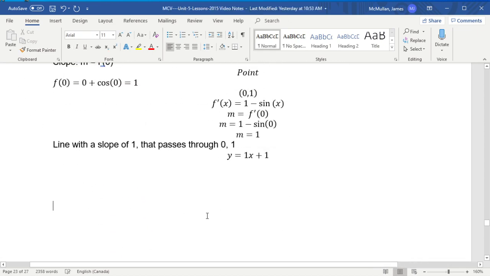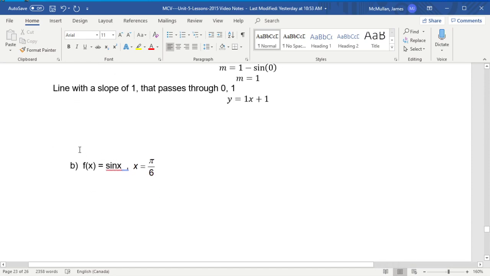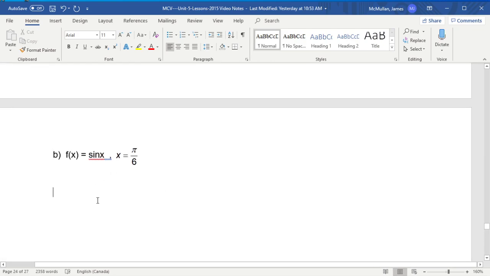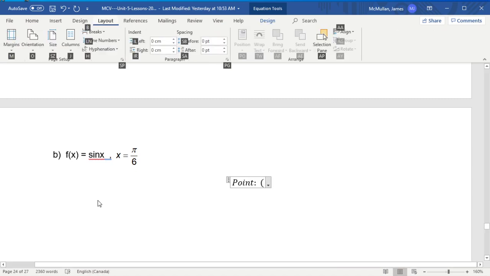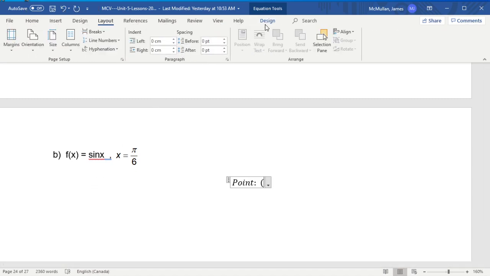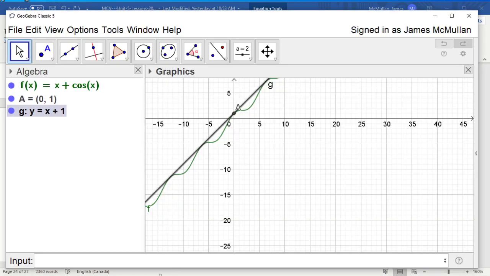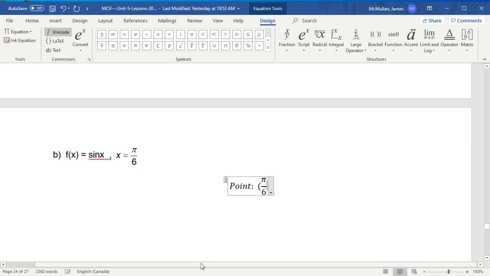Okay, so one more tangent here. It's asking what is the tangent to sine x when x is pi over 6. So let's just remind ourselves here. We're looking for a point. That point is at pi over 6 and sine of pi over 6.